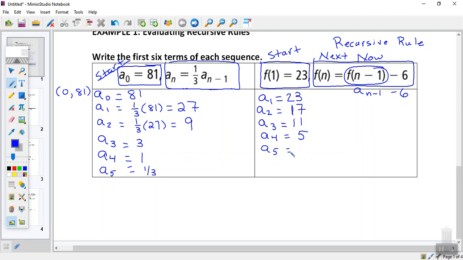Negative 1? Okay. We got to get the first 6 terms. How many do I have so far? 5 of them? Okay, so a of 6 is where I'd be. Now I'm at negative 1. What must come next according to that rule? Negative how much? 7. Negative 7. Good. Okay. You okay with that?